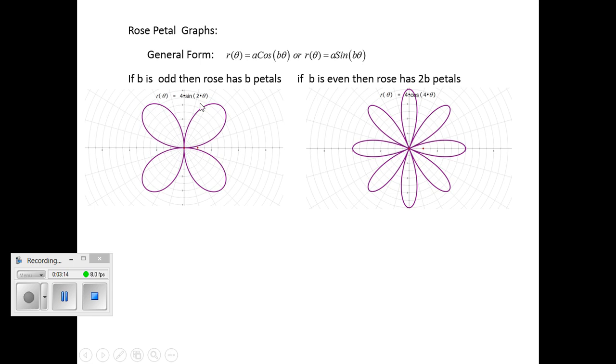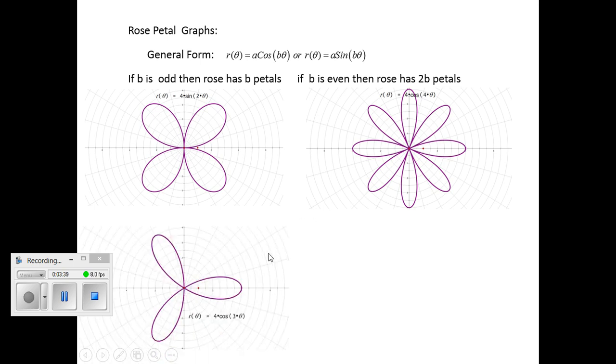So here we have 2 theta, which means we have four petals. And of course, the sine implies that we have that symmetry about the y-axis. Likewise over here, this is going to have 8 petals because the b value is 4.